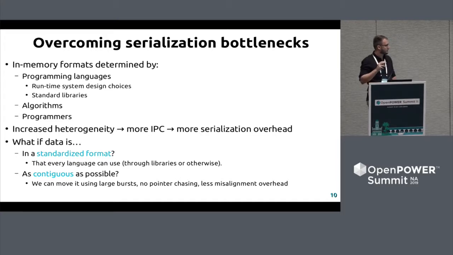In every language that we use, we just expose access to that data through some library, rather than using the language constructs or the language library constructs themselves. Then we try to make that as contiguous as possible, so whenever we transfer it, we can do it using large bursts. We prevent a lot of pointer chasing and misalignment issues.